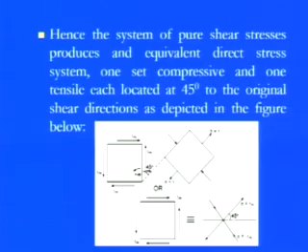Hence the system of pure shear stress which we discussed recently produces an equivalent direct stress system, one set compressive and one set tensile, each located at 45 degrees to the original directions, as depicted in the figure. If you see this figure, this component is influenced only by shear stresses. Now if I rotate it by 45 degrees, this is the rotated plane, exactly at 45 degrees.